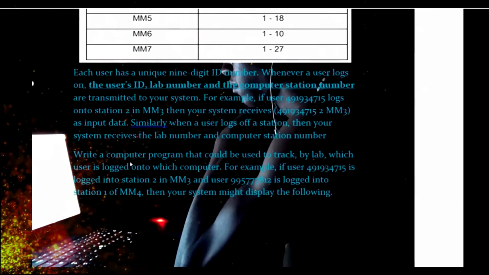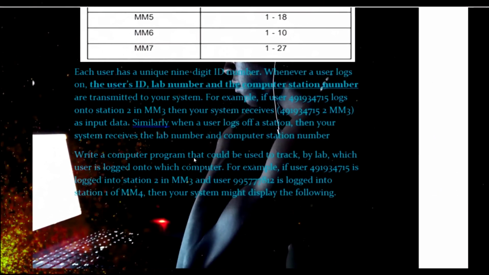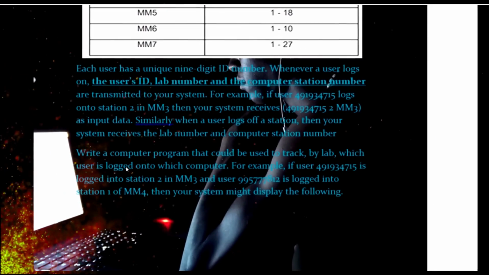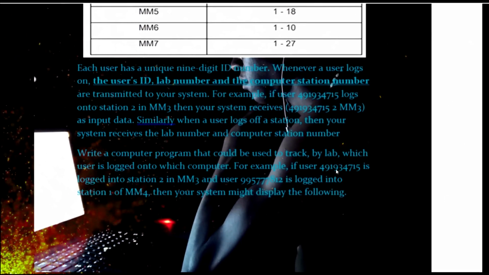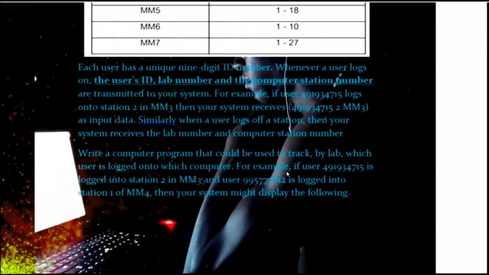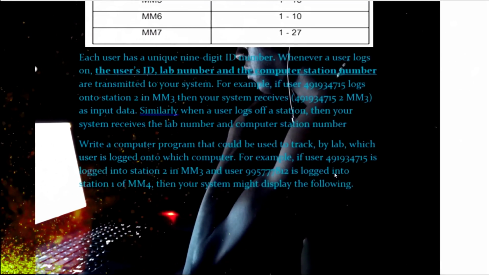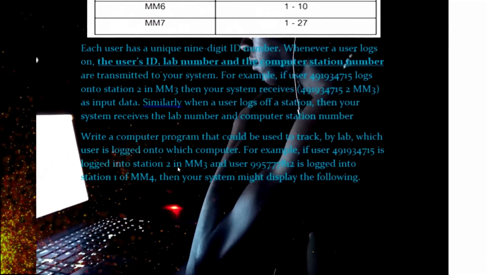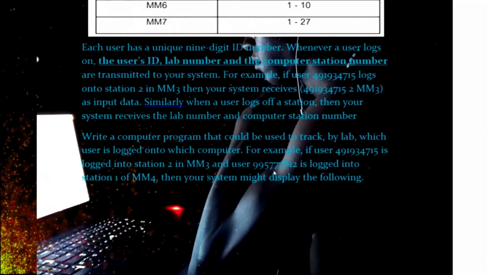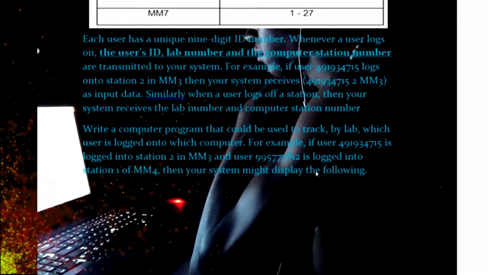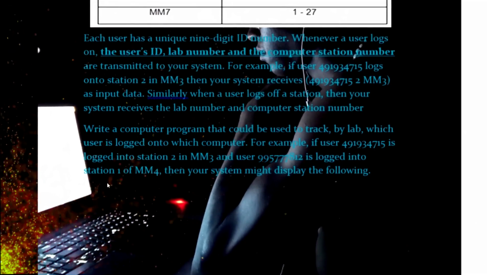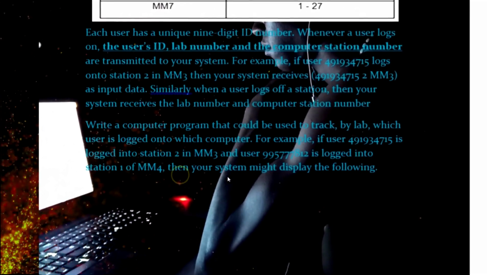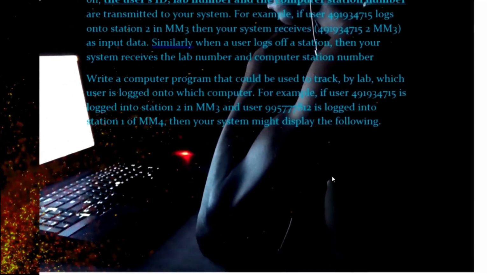Write a program that could be used to track by lab which user logged on to which computer. For example, as you can see, if the user with this ID logged onto station 2 in MM3, and the user with this ID is logged onto station 1 of MM4, then your system must display the following here.